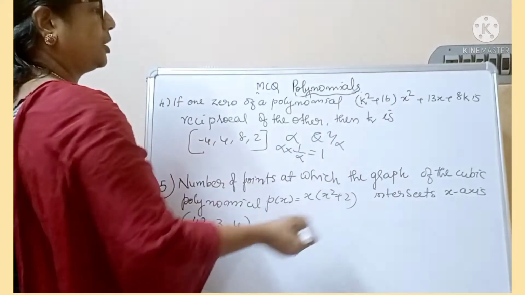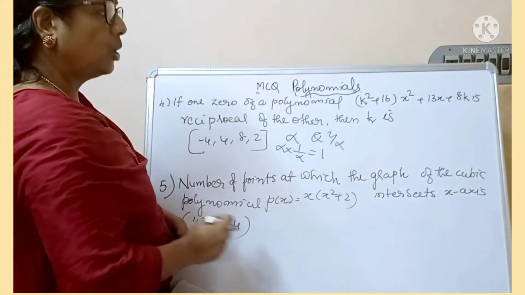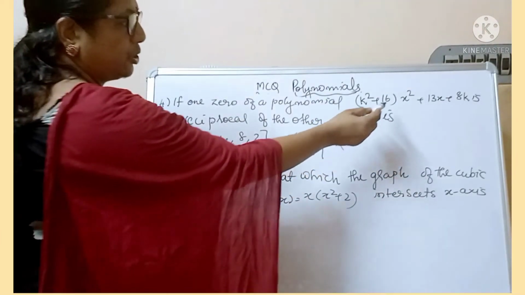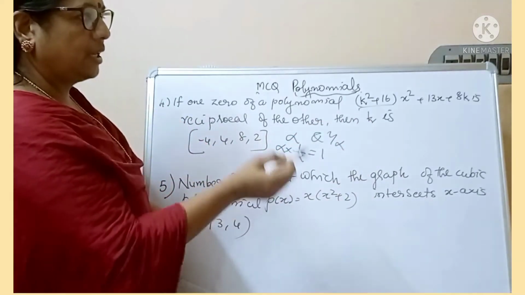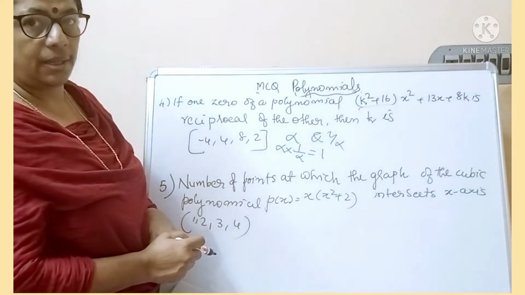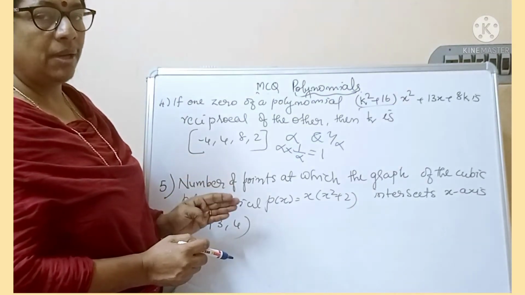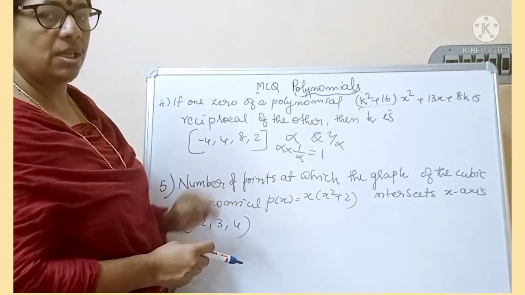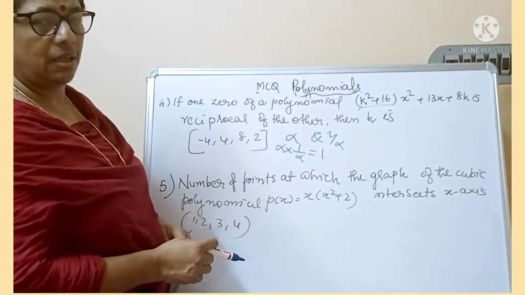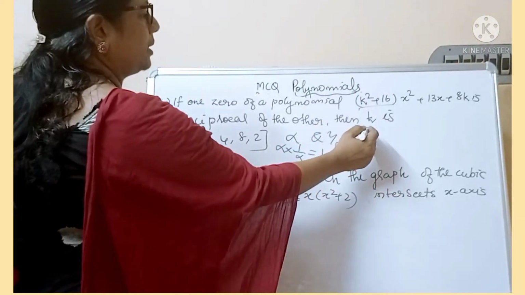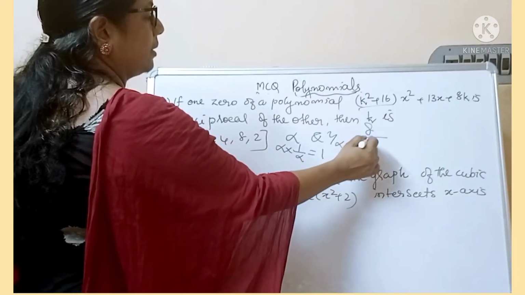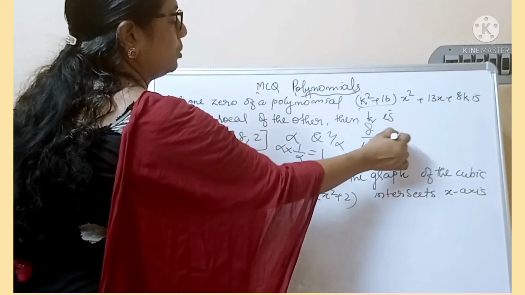So in this equation, how can we write it? The coefficient of x square is k square plus 16 and the constant term is 8k. Minus b by a is the sum of zeros and the product of zeros is c by a. So c by a means 8k by k square plus 16 is equal to 1.